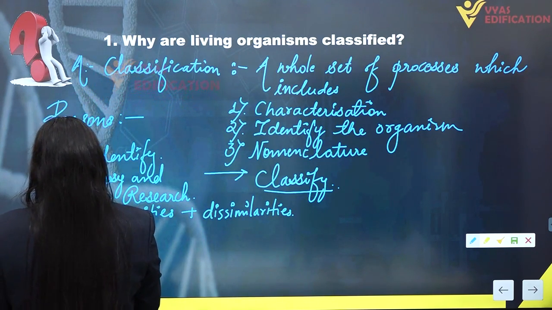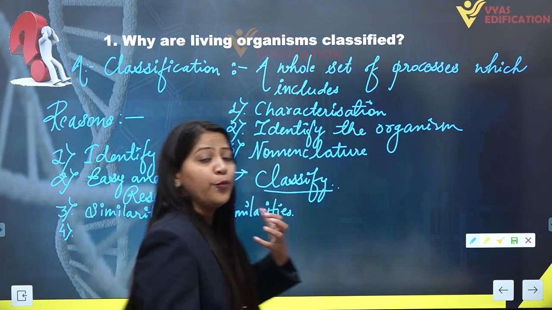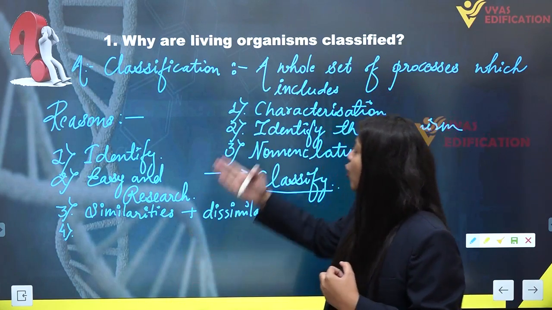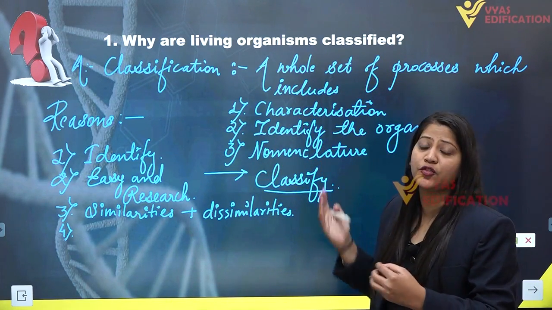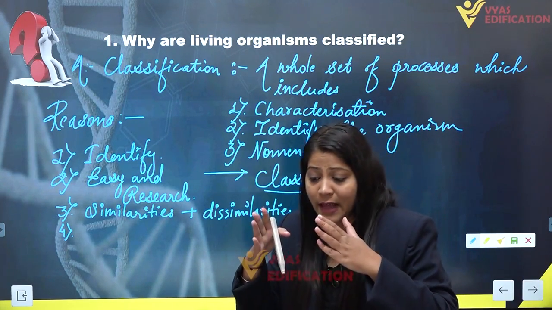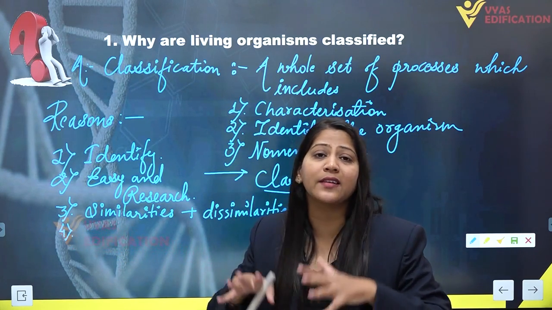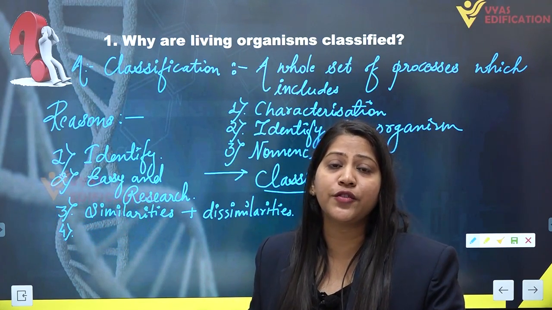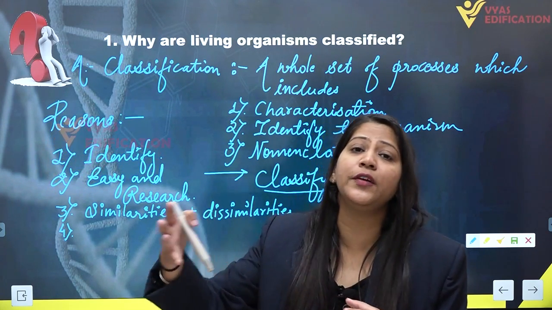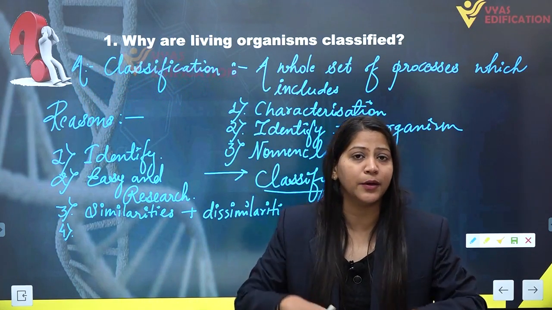Then the fourth reason would be, we find interrelationship. When we classify an organism, when we follow all these steps, characterization, identification, nomenclature, what we find is that the particular organism on which we are researching has interrelationship with different kinds of organisms which have been put into different groups or that particular group.